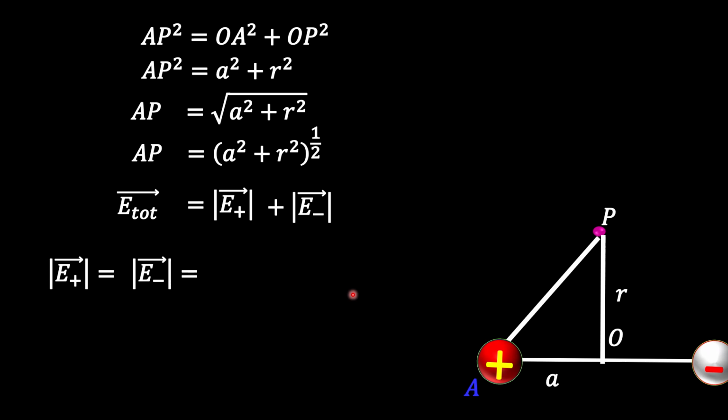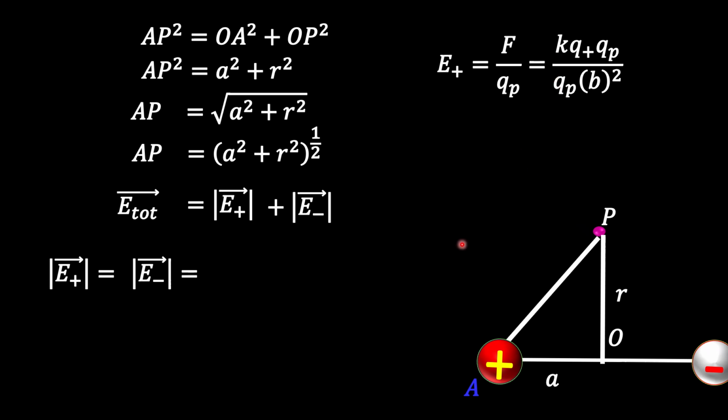First of all, we see what is the electric field vector. Electric field vector is nothing but force per charge, that is the charge at point P. So we can consider the charge at point P as Qp. Force can be calculated according to Coulomb's law, that is K into Q1 Q2 by square of the distance between the two charges. Here Q1 is Q plus and Q2 is Qp. Cancelling Qp in the numerator and denominator, E plus vector is equal to K into Q plus divided by square of the distance between the two charges.